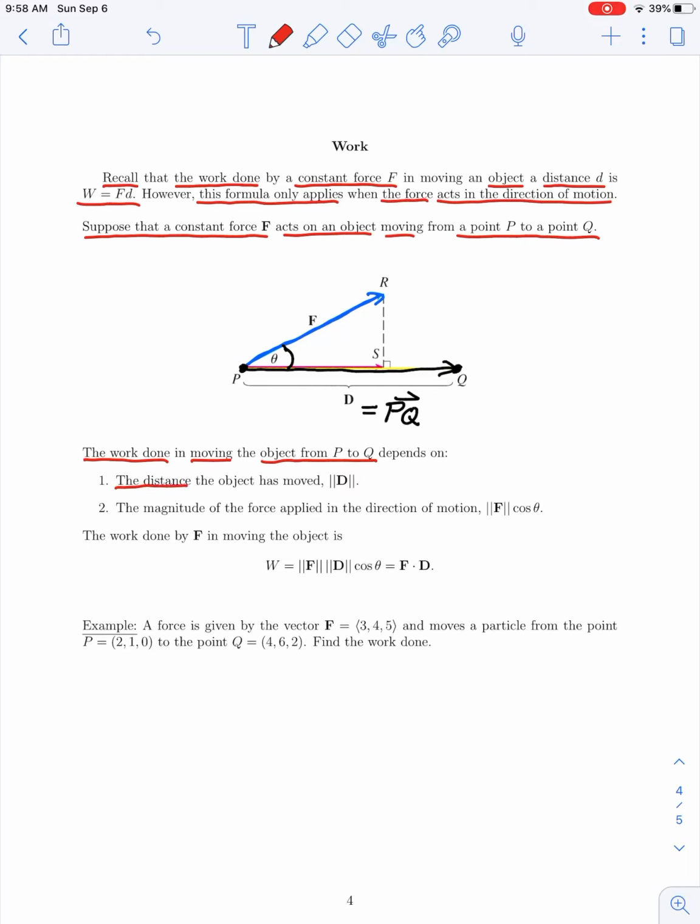First, the total distance that this object has moved, which would be the magnitude or the length of our displacement vector, the magnitude of the vector from point P to point Q. The second thing is the magnitude of the force applied in the direction of motion.